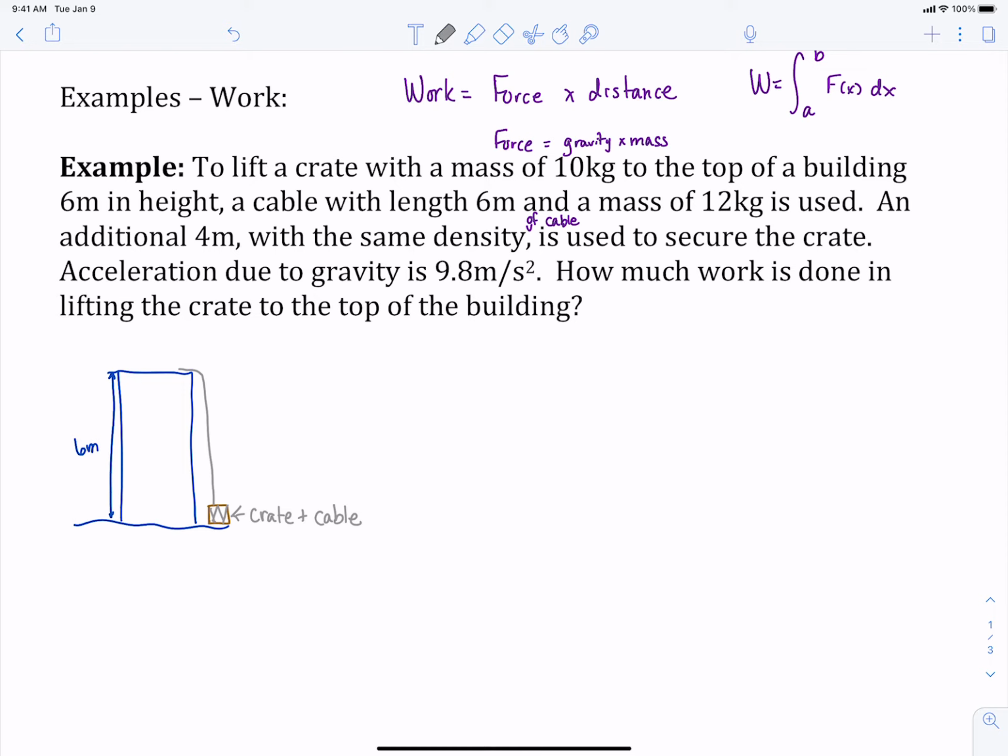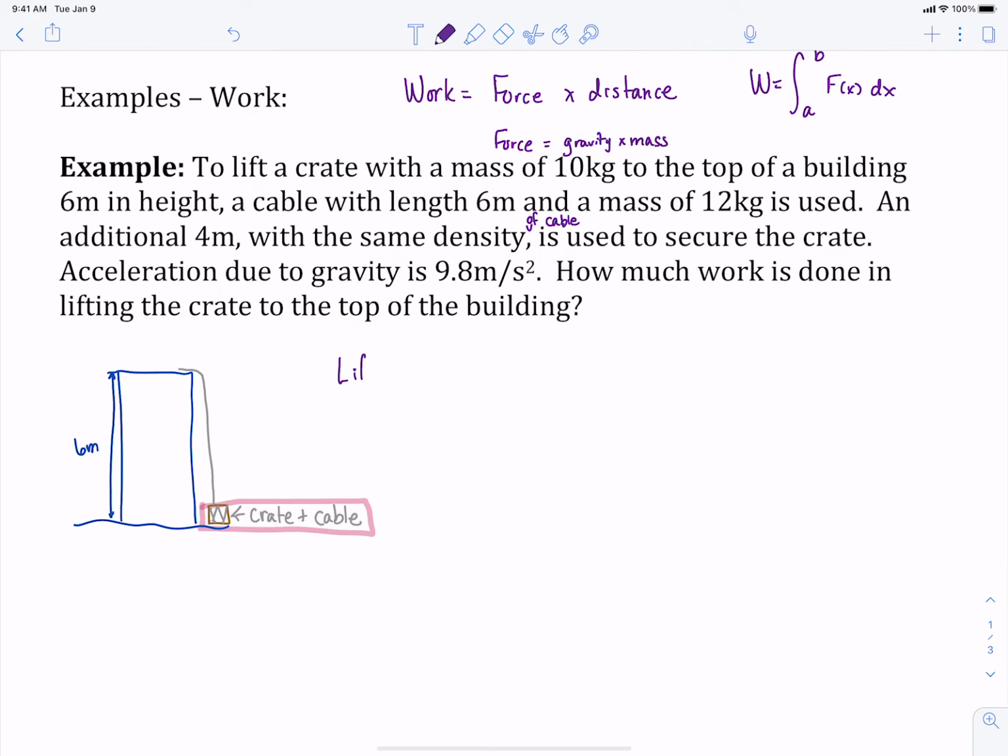So the things that are going to stay constant on this is, when we're lifting that crate and that cable, this part of it right here, we're going to have to lift that the whole time. We're always going to be pulling with a force to lift that up with our gravity and our mass. So that part of this question is constant actually.